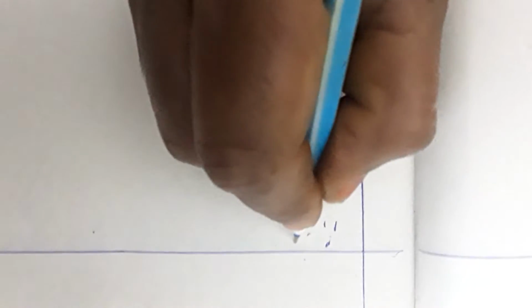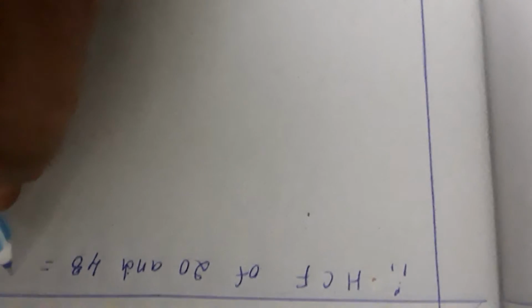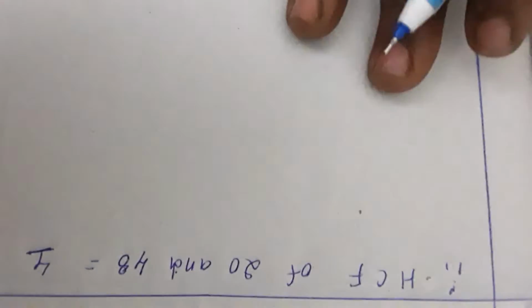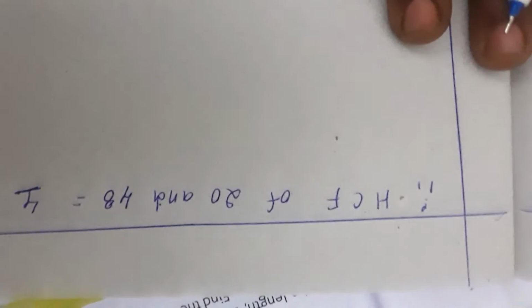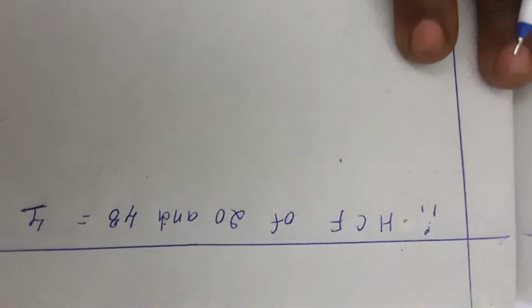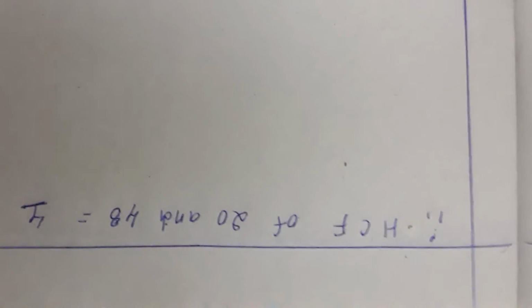Therefore, the HCF, highest common factor, of 20 and 48 is equal to 4. Okay, this is the factorization method for finding HCF, children.